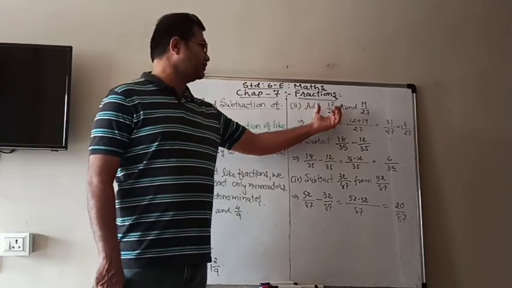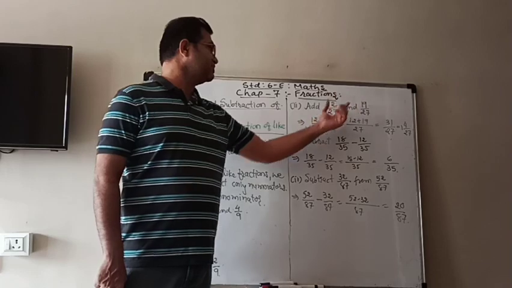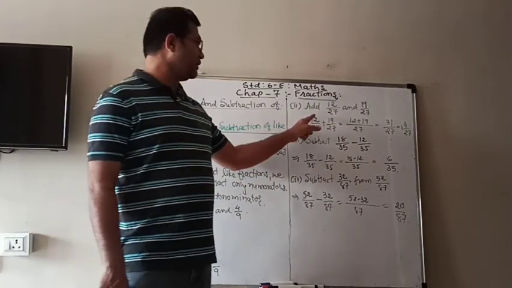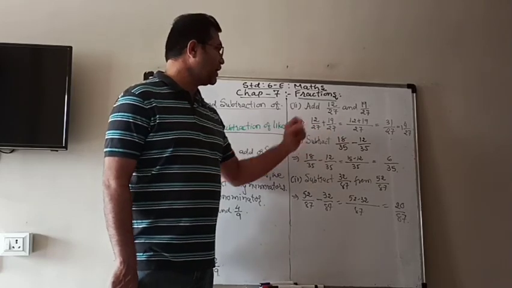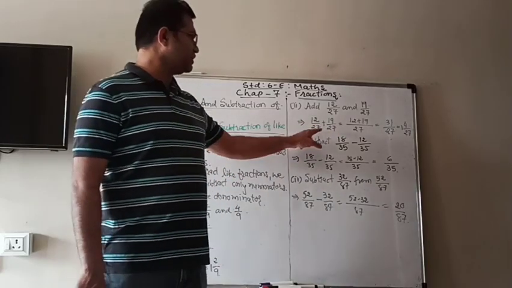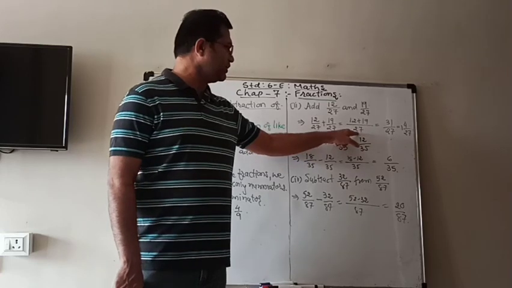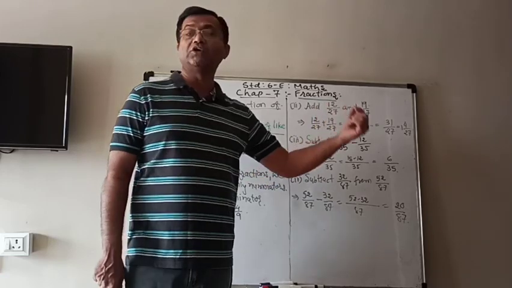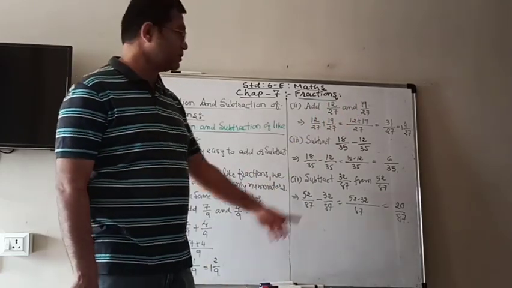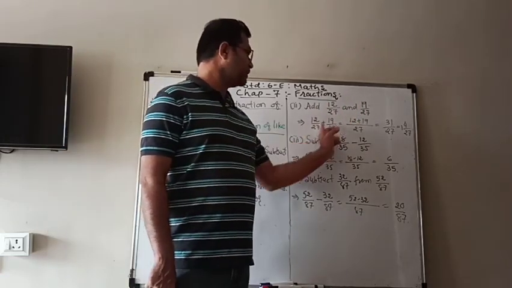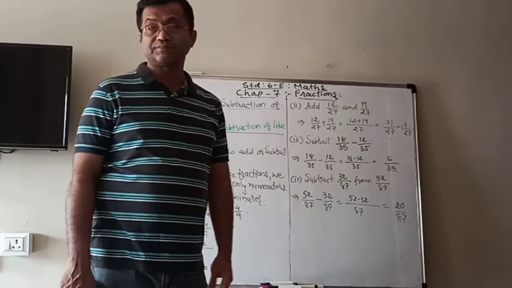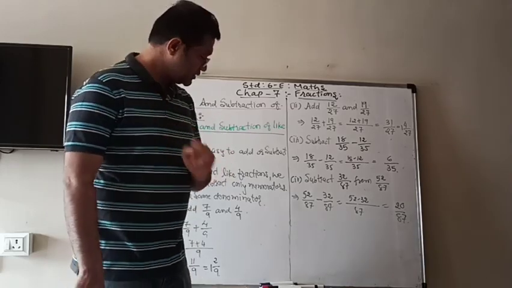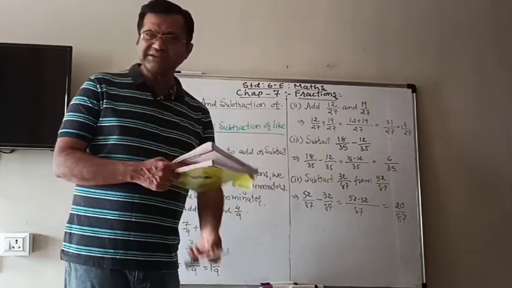Let's take another example. 12 by 27 and 19 by 27 that we have to add. So now 12 upon 27 plus 19 upon 27. So we will keep the same denominator in the denominator, and in the numerator the numerators of both the fractions will be added. So 12 plus 19 upon 27. Don't make a mistake. Generally, students, add means add.